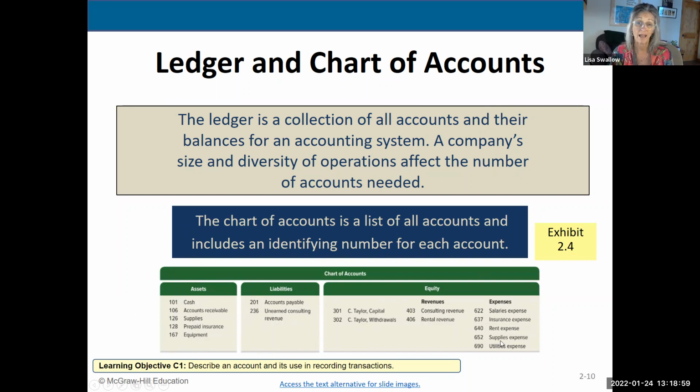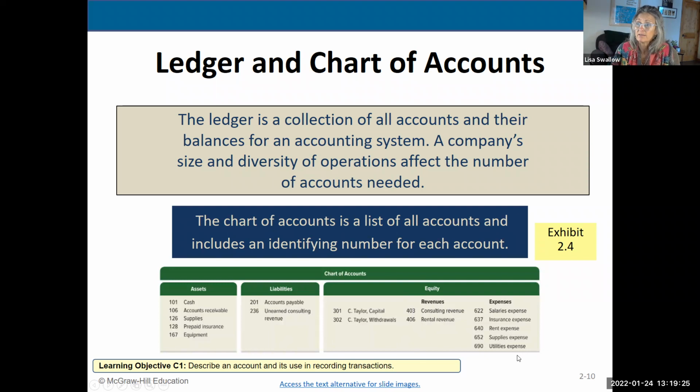And there's nothing magic about adding accounts. So if I am doing the bookkeeping for whatever this company is, it looks like they do some consulting and some rentals. If I'm keeping the books for them and all of a sudden I write a check to somebody for property taxes, and I go over here and I'm like, oh, there's no property tax expense account.